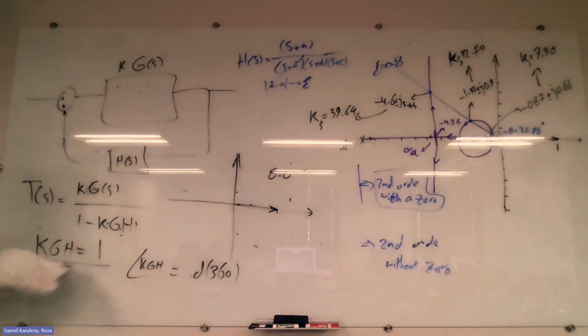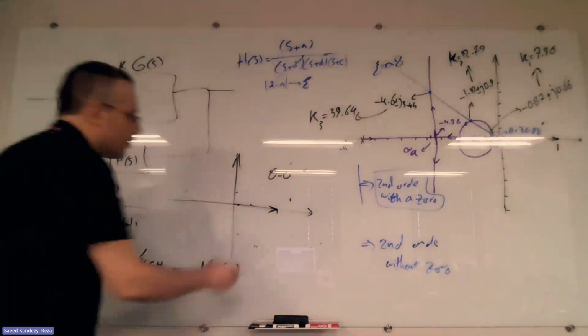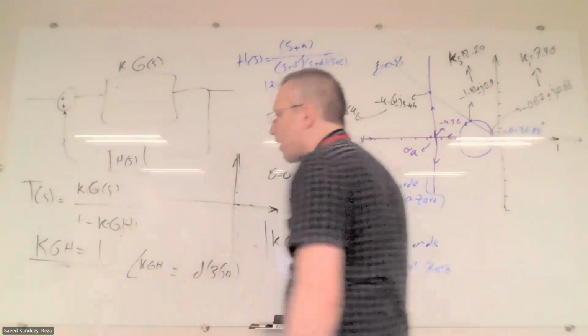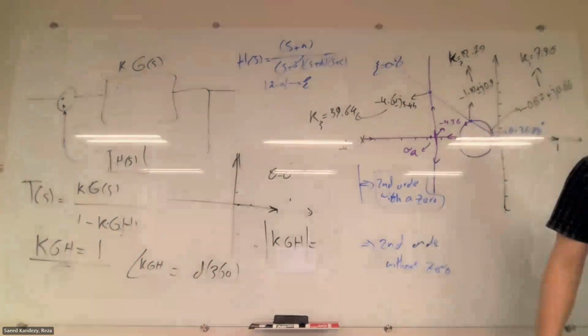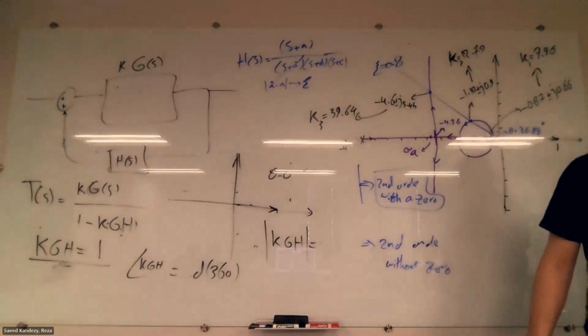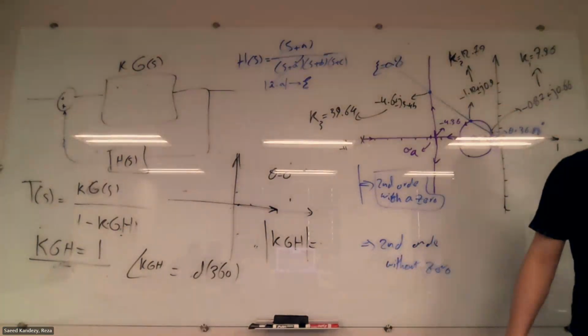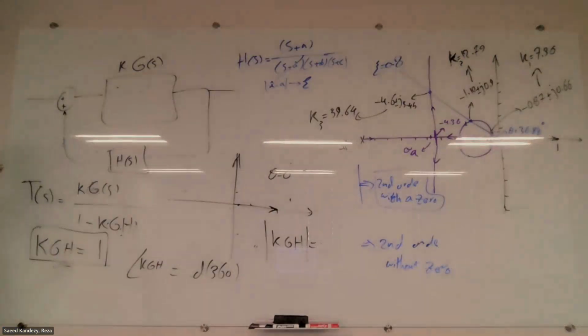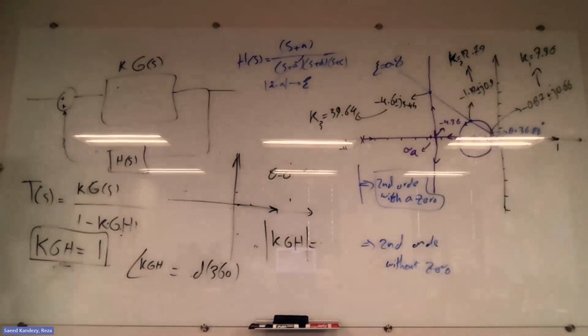What about the amplitude of KGH for the poles? The poles satisfy this function: KGH is equal to 1. What is the amplitude of KGH for the poles?